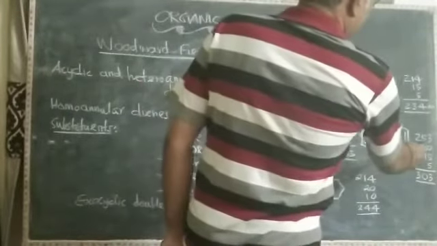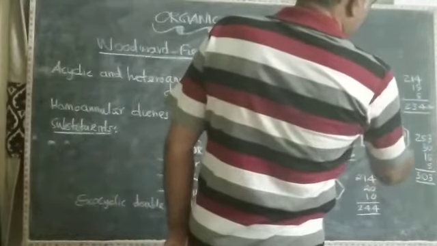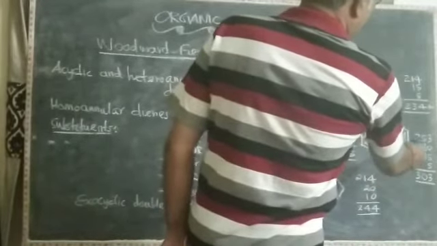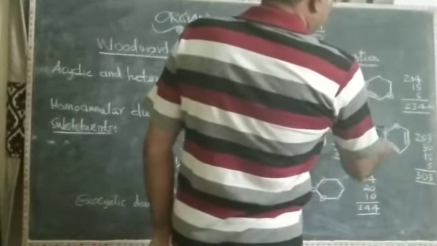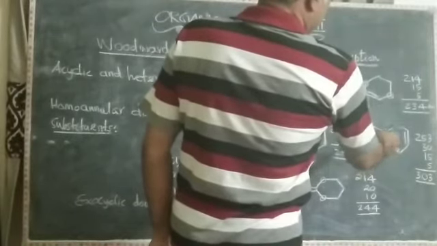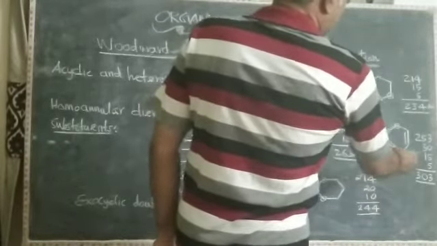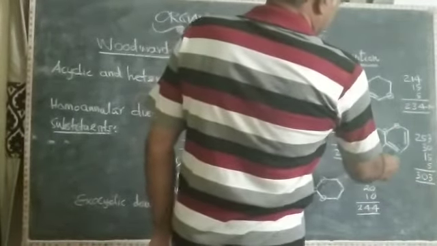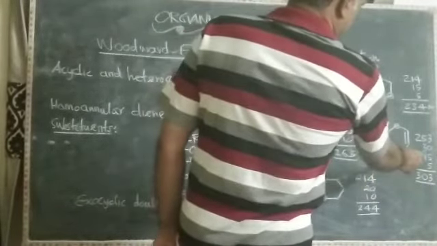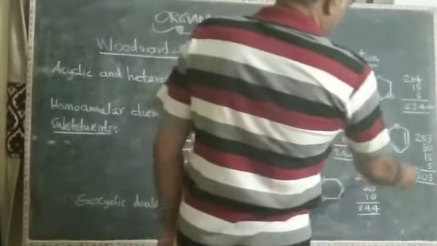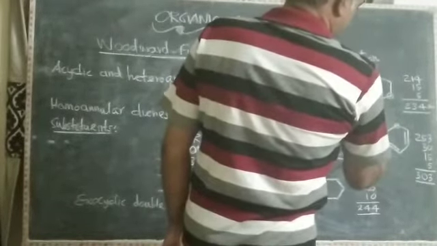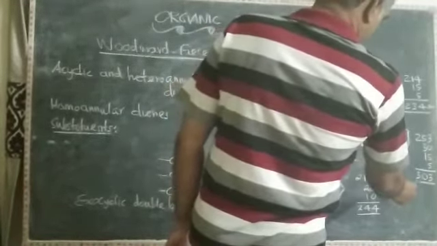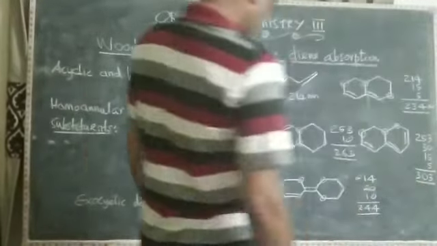The greater base value is taken. So, the homoannular system is chosen, 253, and if we calculate the residues present at the ends of the double bond, it is 15, and extended conjugation carries 30, and if we add another 5 for the exocyclic double bond, the total adds up to 303 nanometer.